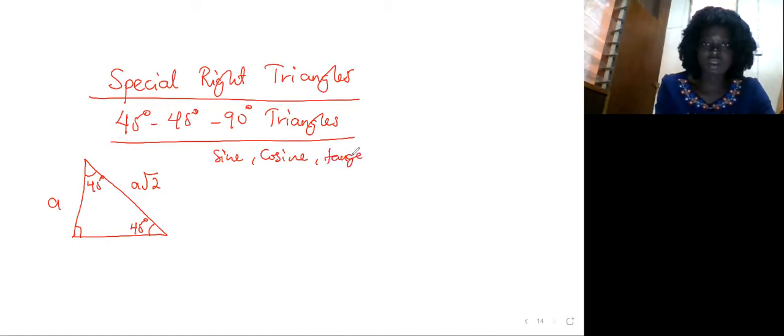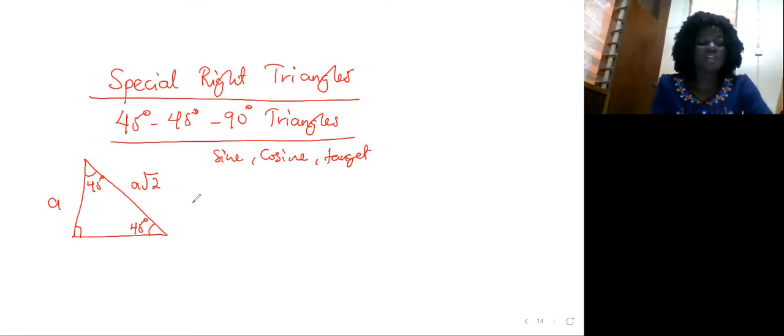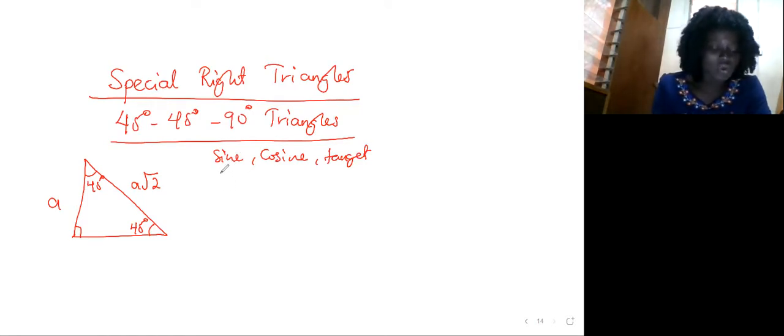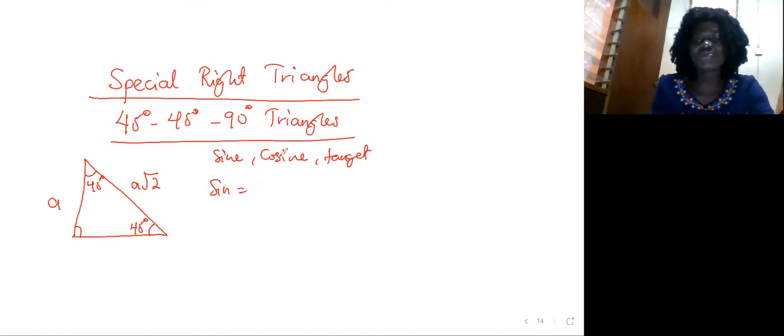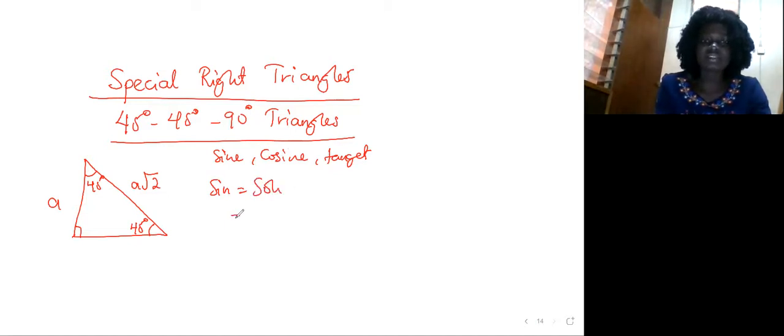Okay. So the first is the sine. What can we say about the sine? I believe you remember. Sine is opposite over hypotenuse.